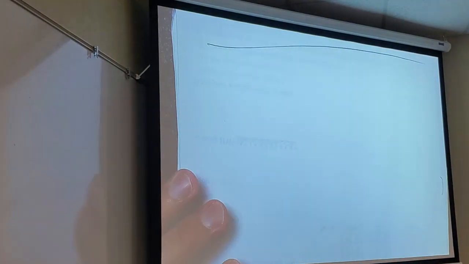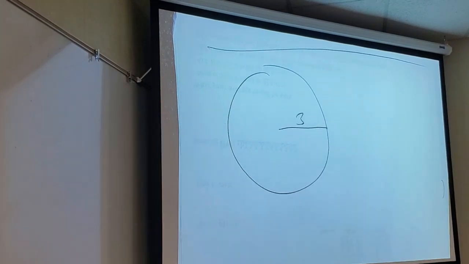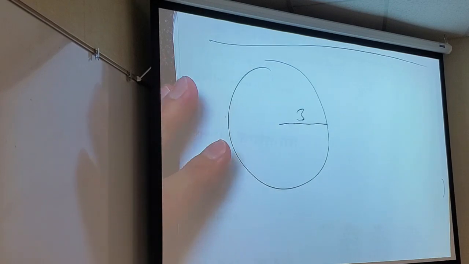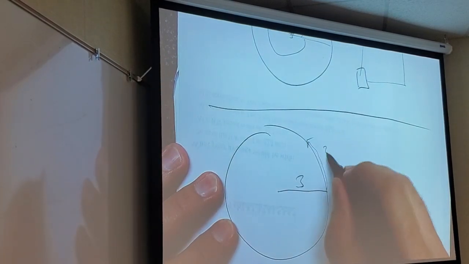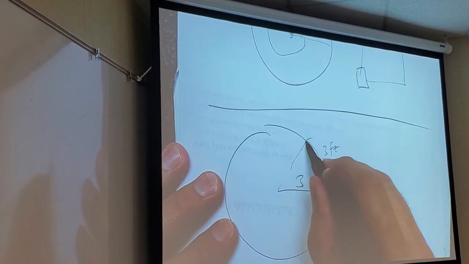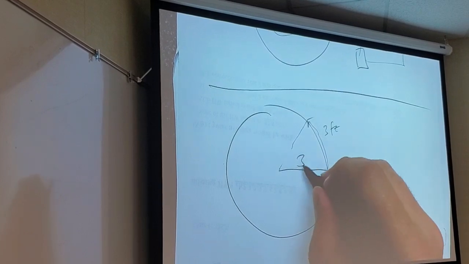Then here's another idea. Help me out. If I have a circle and it's got a radius of 3, you with me? And I walk along here, I go 3 feet along here. So the radius is 3.